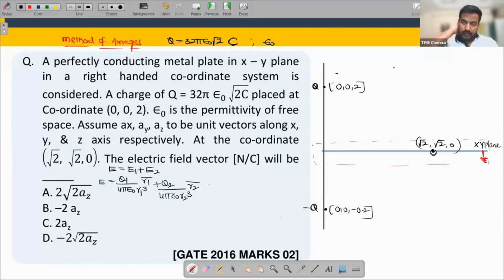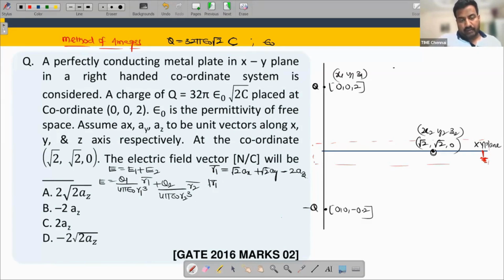So this is the source point X1, Y1, Z1. This is destination point X2, Y2, Z2. R1 is the distance between this source point and the destination point, given by X2 minus X1 AX, root 2 AX, plus Y2 minus Y1 AY, root 2 AY, minus 2 AZ, that's R1.